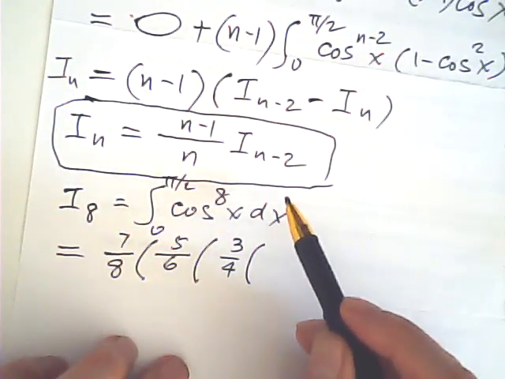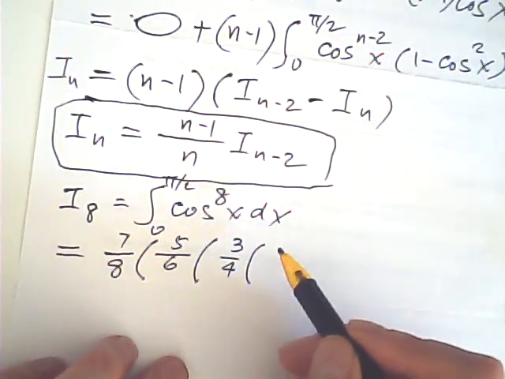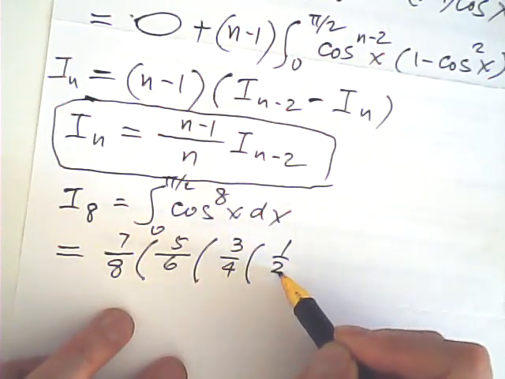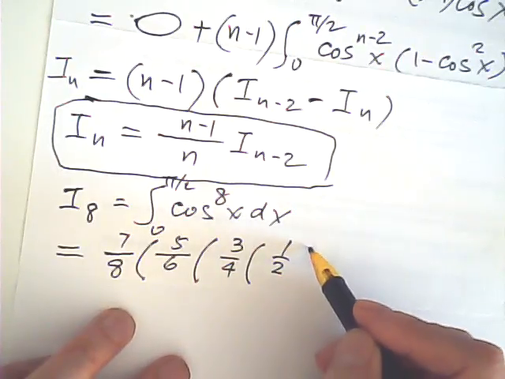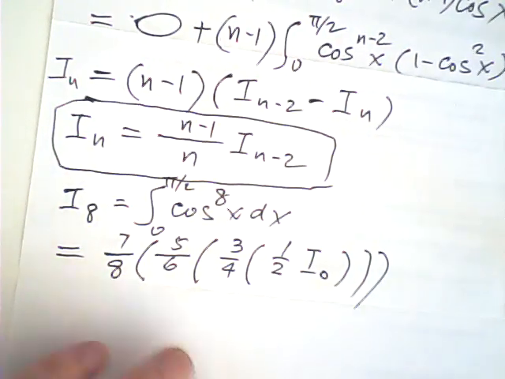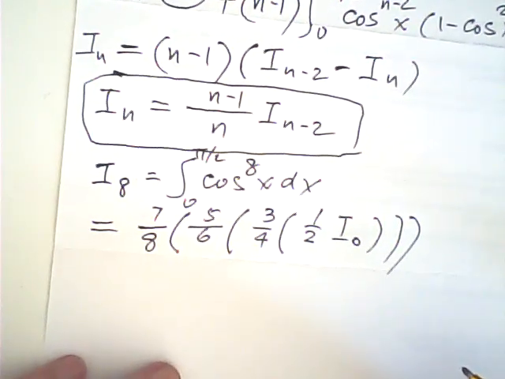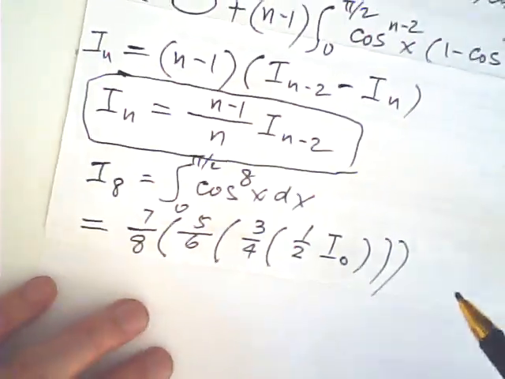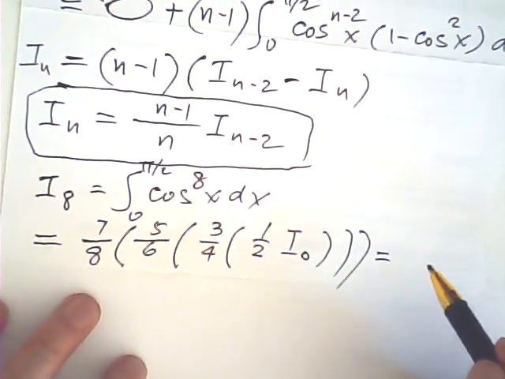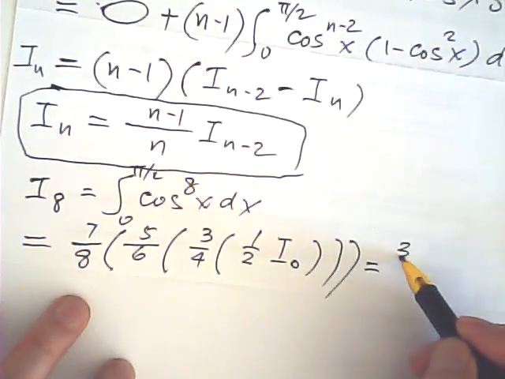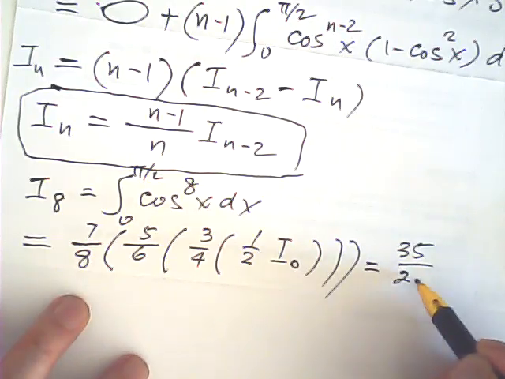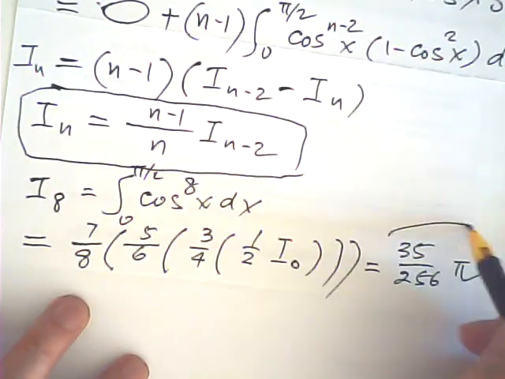Then times I2. I2 is 1 over 2 times I0. So this one is equal to 35 over 256 pi.